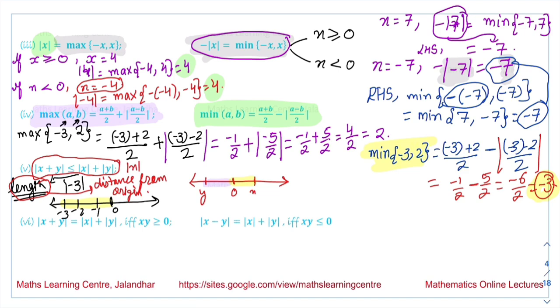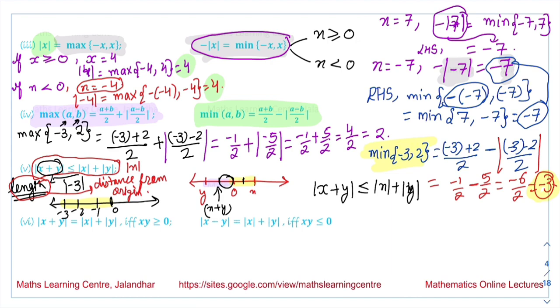This is not x plus y we are talking about. The number we obtain, x plus y, may be somewhere in between over here. So say this is x plus y. We are saying this distance will always be less than or equal to the distance of x plus the distance of y. So distance of x plus y is always less than or equal to the distance of x from the origin plus the distance of y from the origin.